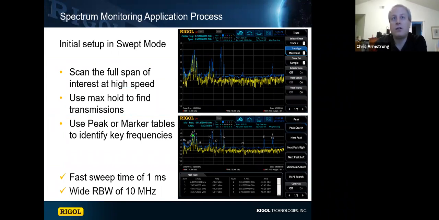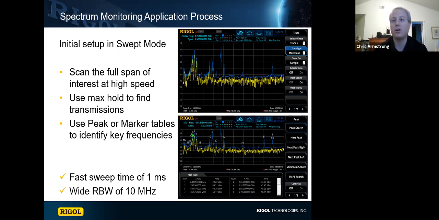When I start, obviously the easiest way to start looking at signals is with a nice wide swept mode, right? Especially if you are looking for something and you don't know exactly what band it's in. So we can capture a nice wide spectrum there down at as fast as a millisecond with one of these instruments that are doing relatively high speed sweeping at this point.